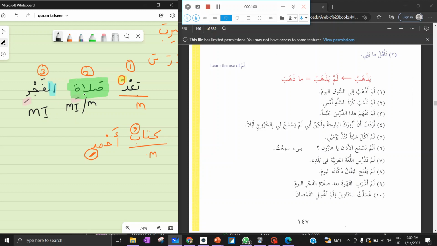The noun in between will always carry a single kasra. And the last noun, as it is only a mudaf ilayhi and it is marifa, will always carry a single kasra.